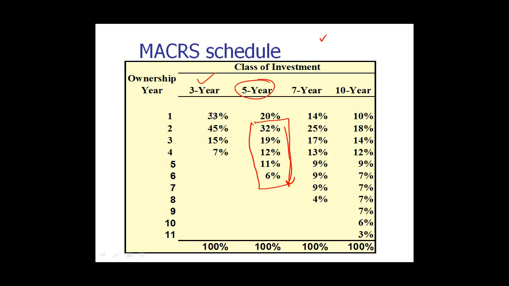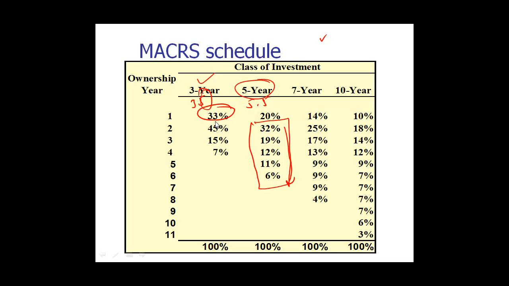This is just the way the tax schedule is set up. So 3-year really means 3.5 years. 5 years really means the machine is used over 5.5 years, with 0.5 being 6 months. The 33% corresponds to the 0.5, or half a year.